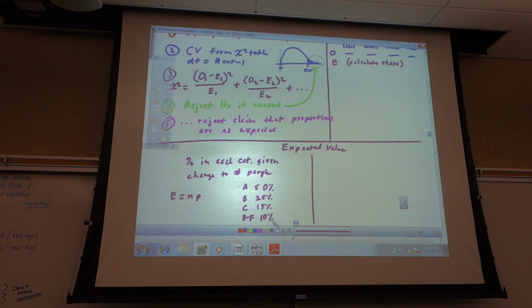Then say there are 27 people in the class, then it would be 0.5 times 27. Well, I guess I should write it the other way around, NP. 27 times 0.5.